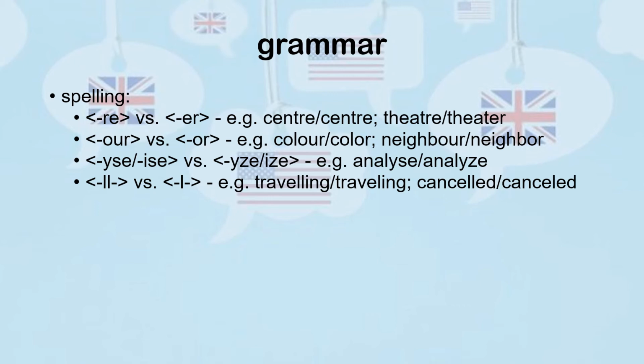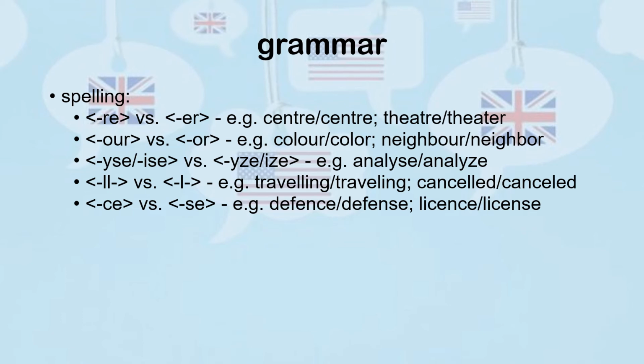And then you have the doubling of consonants, especially L in verbs. The verb to travel. If you go to travelling there, in British English, that contains double L. In American English, single L. Same for cancelled, double L in British English, single L in American English.